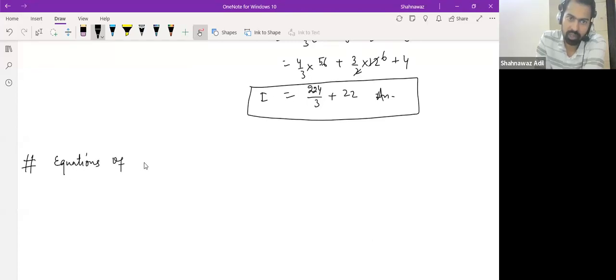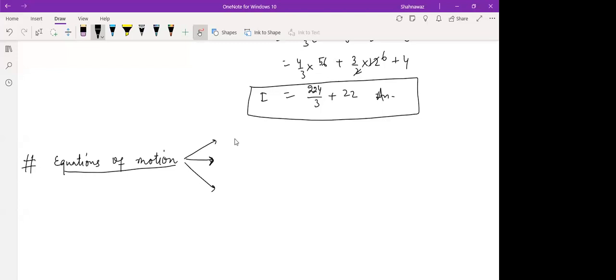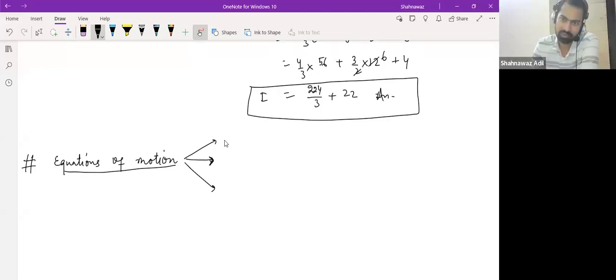Yes, Ilham, what are the three equations of motion that we have? Do you remember, or have you forgotten? Okay, Amna, you tell me. What are the three equations of motion? Oh yeah, Ilham, you tell.